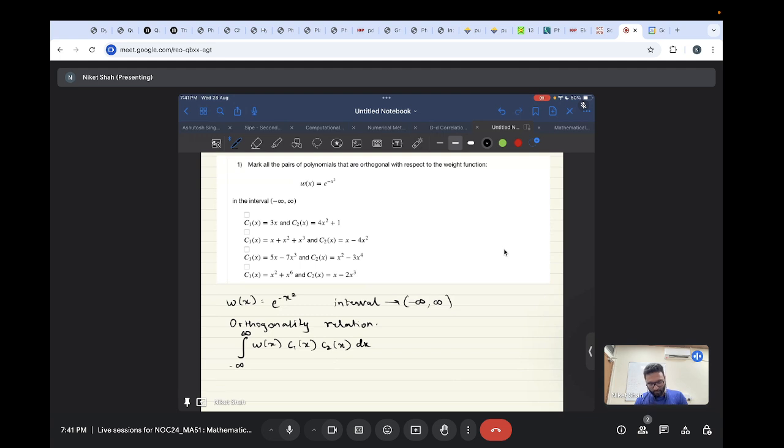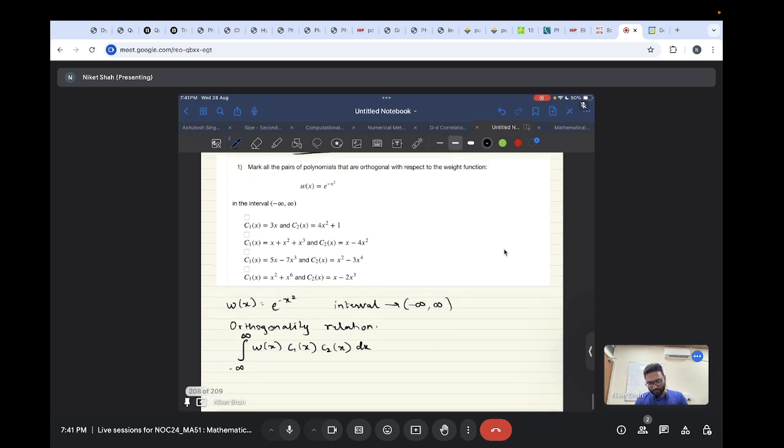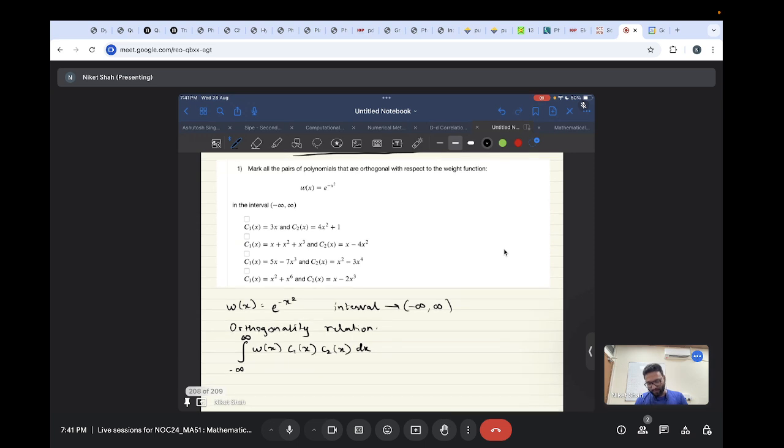This is what the orthogonality relation tells you. And if this comes out to be 0, then c1x and c2x are orthogonal to each other. That's the whole idea. So now to see whether this happens or not, I will of course as usual not solve all the parts. I'll solve maybe just one or two parts. The remaining is your job.